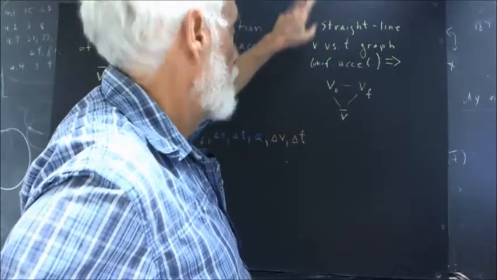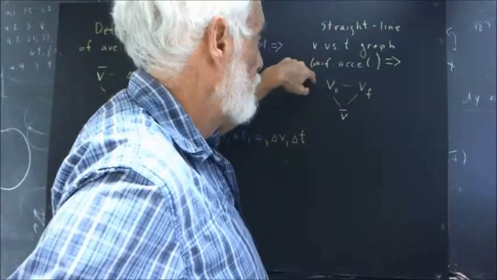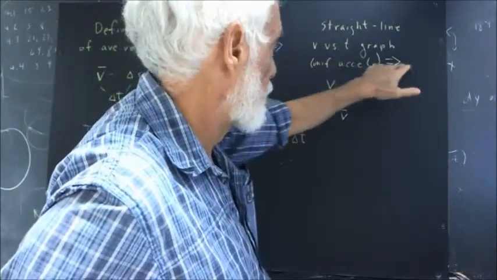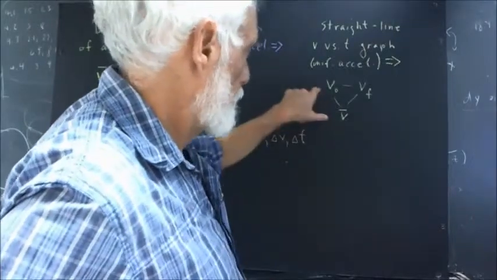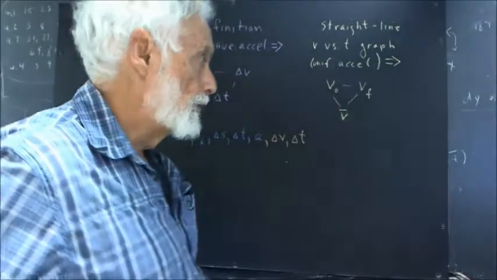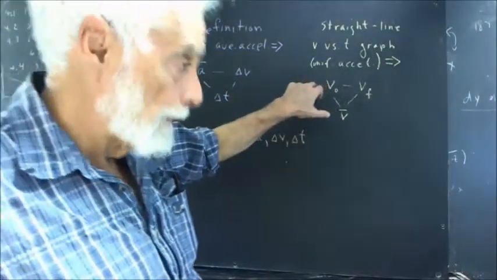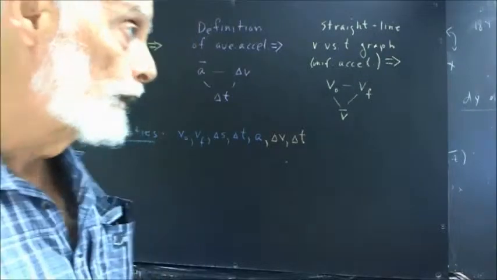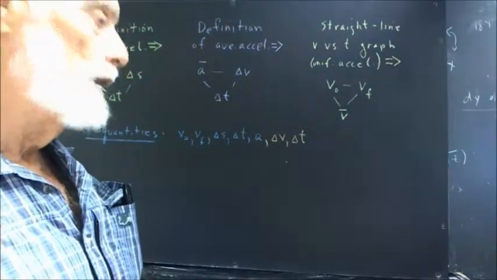In any case, the straight line v versus t graph, which embodies uniform acceleration, gives you these relationships between v naught, vf, and average velocity, and that's the simplest of all the relationships, where the average velocity is just the average of the initial and final velocities.